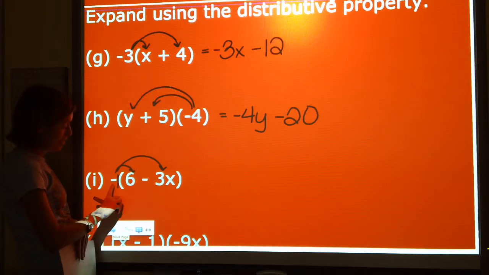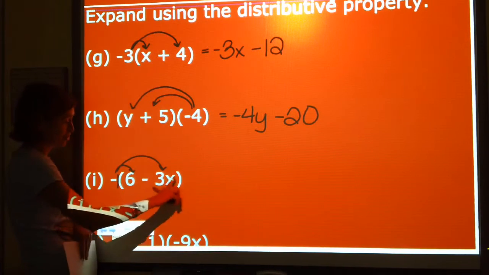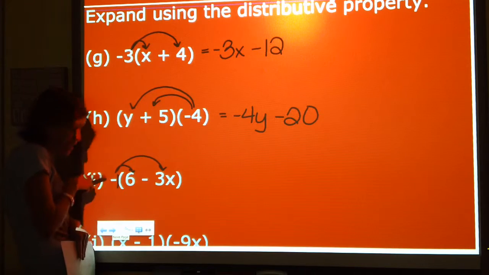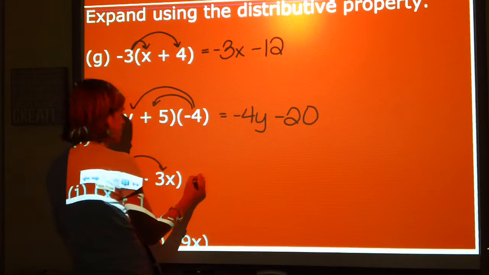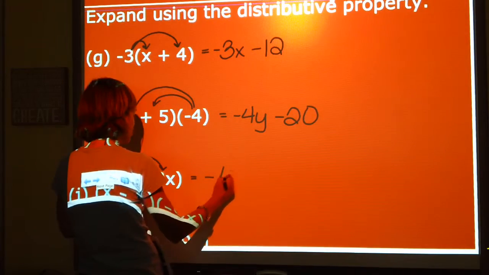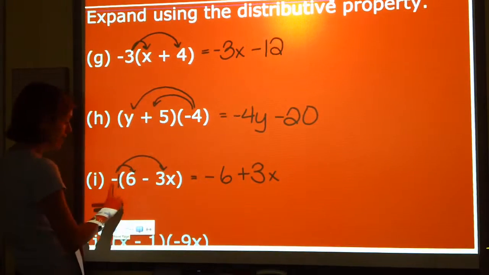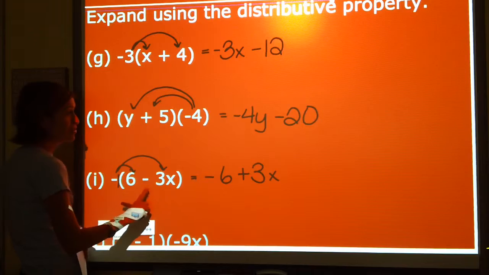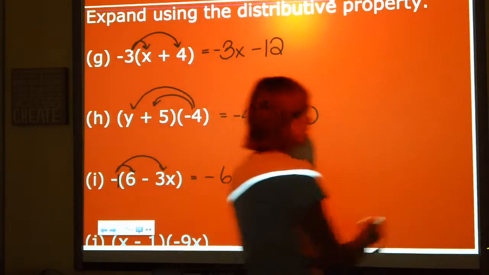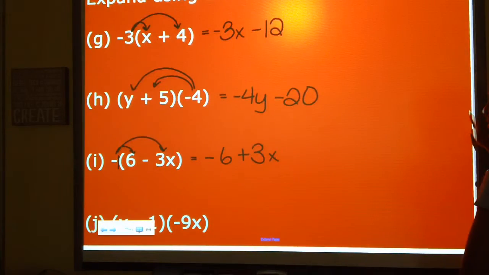So I've got negative 1 times (6 - 3x), but that negative changes every sign within the parentheses, so we would end up with negative 6 + 3x, because now we have a negative times a negative yielding a positive.